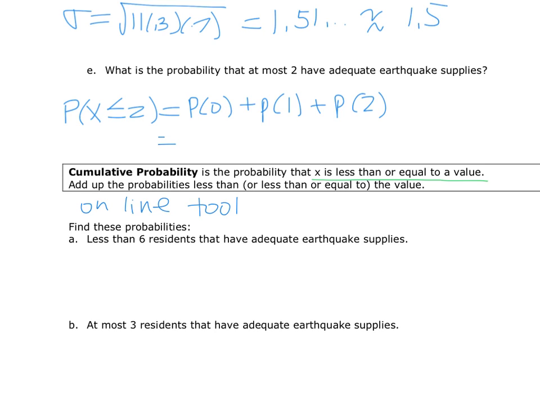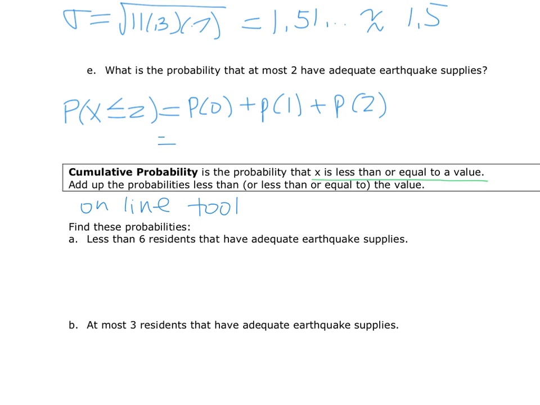It's in this part of the week's Foxtail section, and it's also on the assignment for this section. There's a link there as well. Using that online binomial calculator, let's find the probability that x is less than or equal to 2. You'll see there's a place to put in the probability of a success on a single trial, so we'll put in that 0.3. And then it asks for the number of trials. Those are the only 2 things we need to know to be able to find these probabilities.